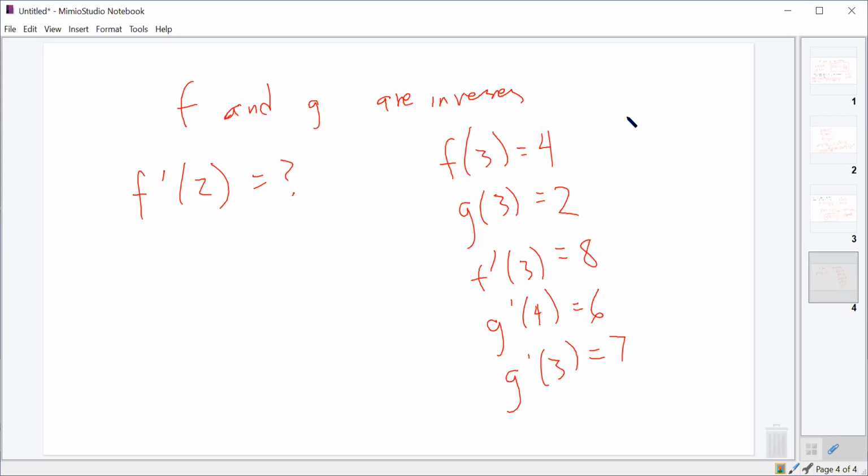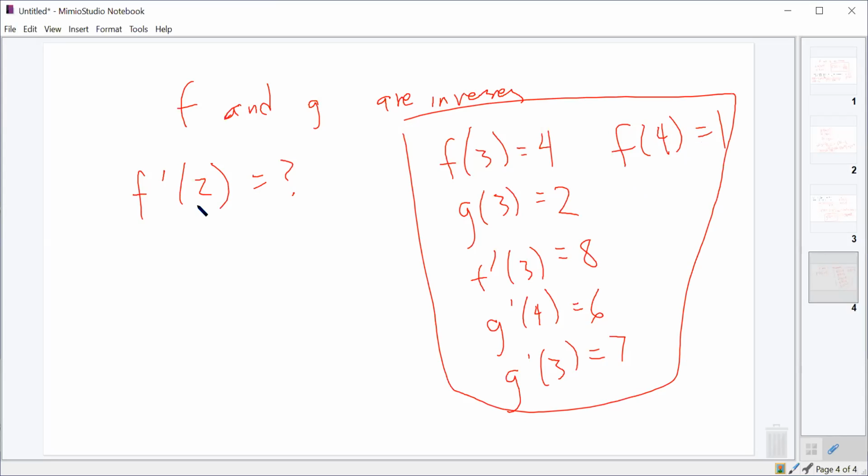And all kinds of nonsense stuff here. F of 4 is 1, and all kinds of stuff like this. So they'll give you a bunch of information like this, and they will ask you just about one specific value for F prime. What you need to do is recognize that if we're looking for F prime of 2, F must have a point (2, something).